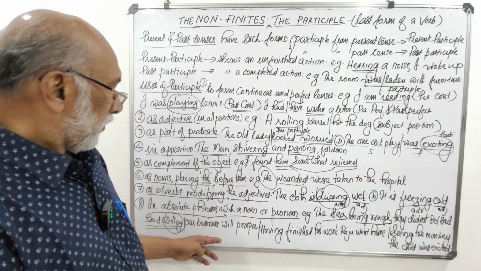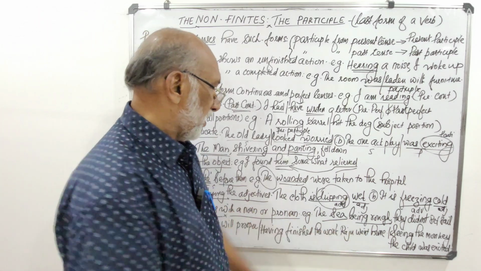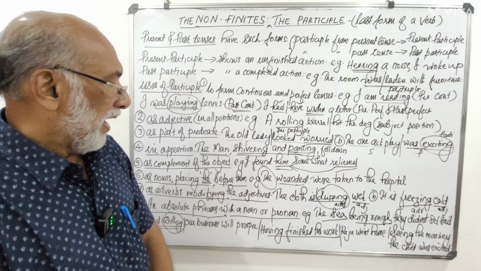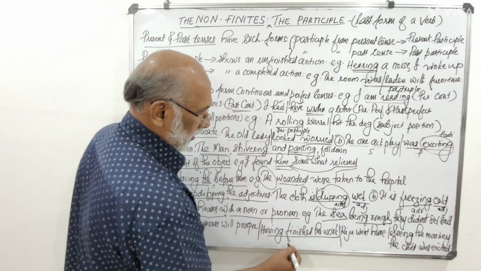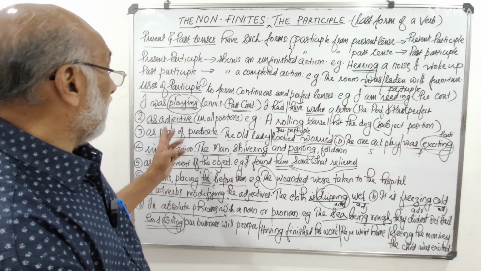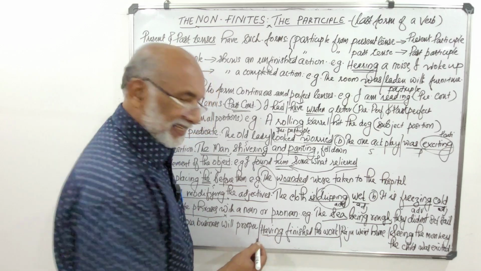Then coming to the next sentence, having finished the work. This is the absolute phrase, having finished the work, and here having finished is the participle, and here it is a little bit different.